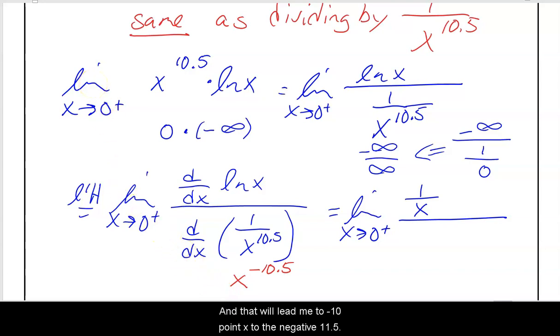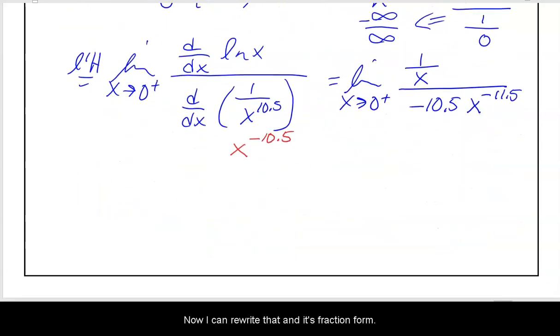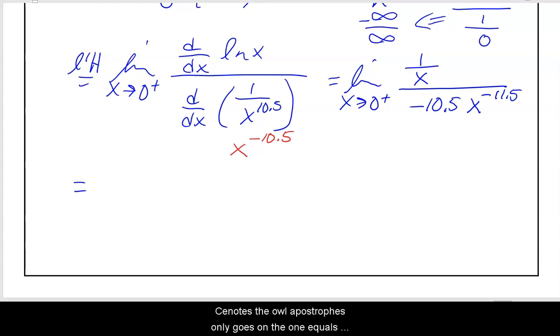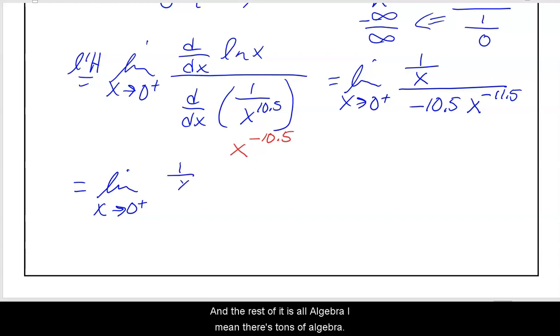And that will lead me to negative 10.5 x to the negative 11.5. Now I can rewrite that in its fraction form. So notice the L'Hopital's only goes on the first equals where I directly take the derivatives. And the rest of it is all algebra. I mean, there's tons of algebra.